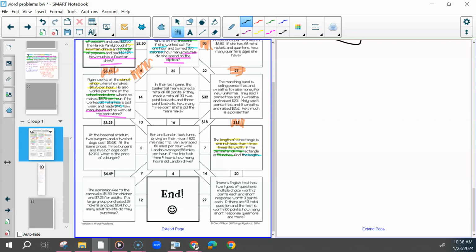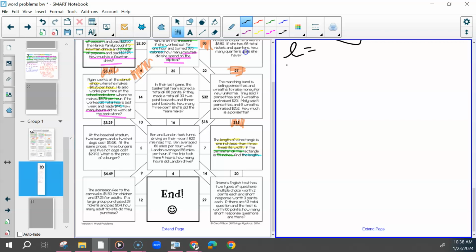So, because it's talking about length and width, those would be our two variables, L and W. If you want to be more specific, you could say in inches, but just length and width for this one.